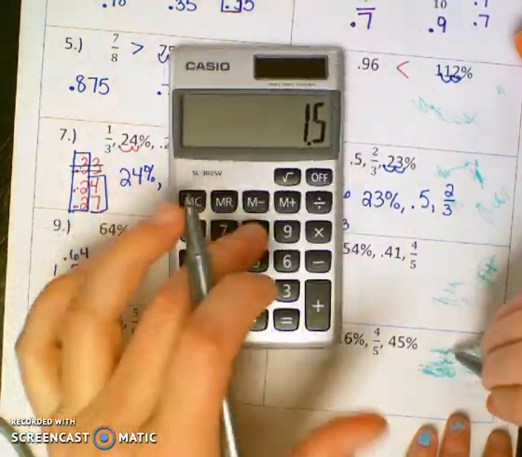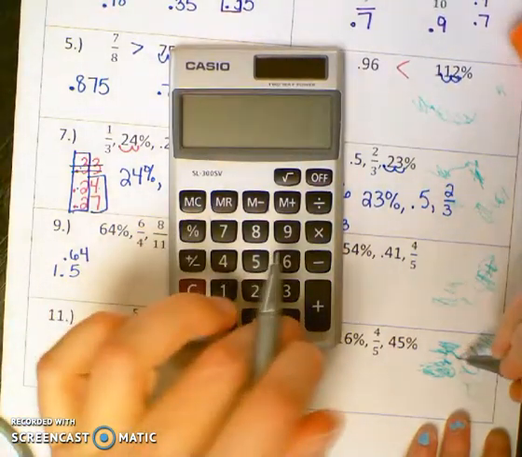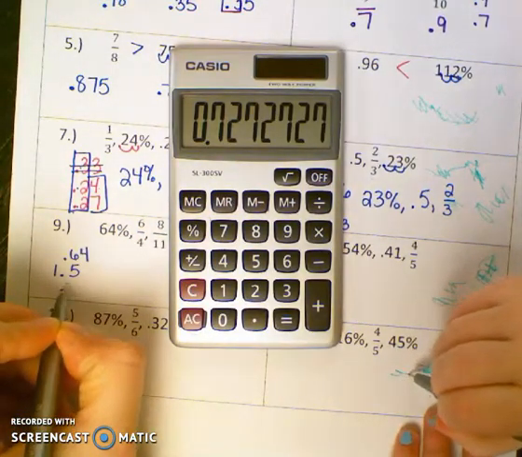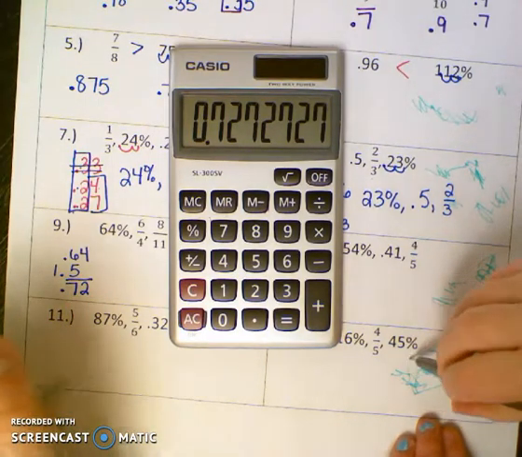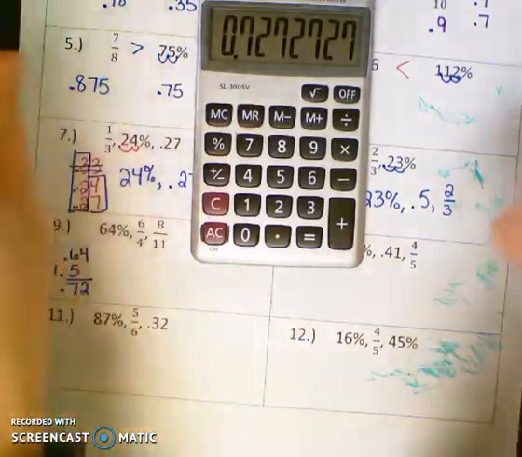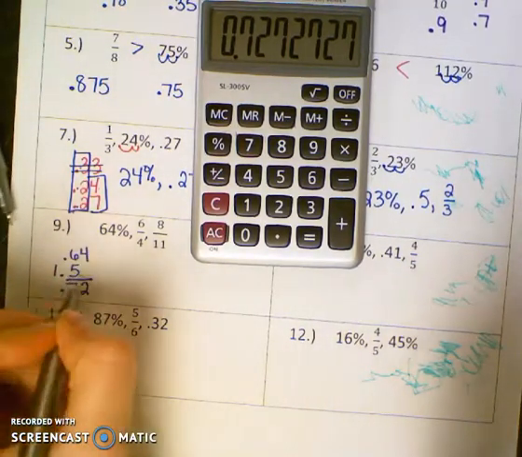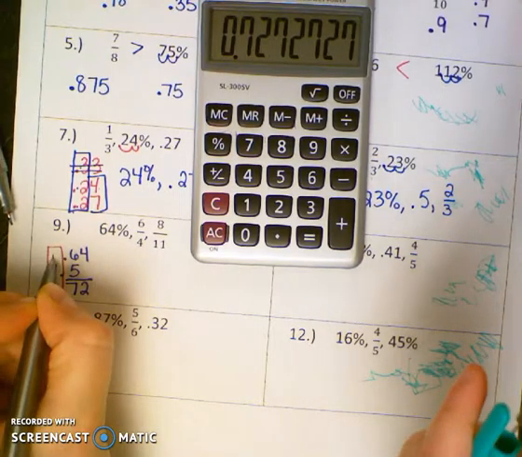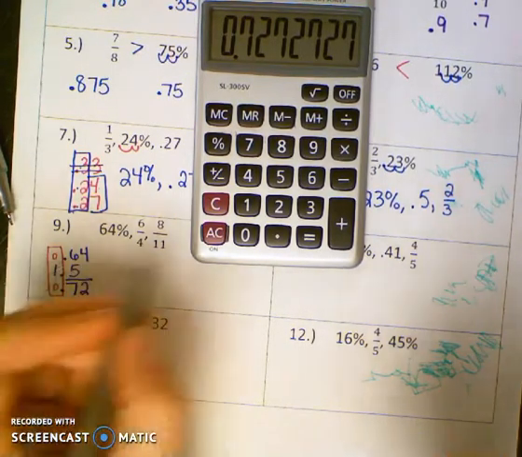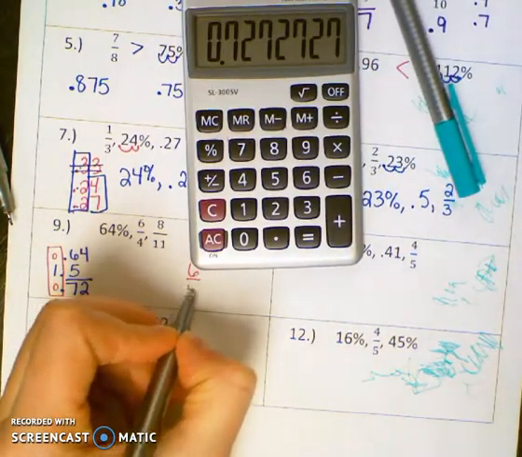And then 8/11. 8 divided by 11. Ooh, and it's a repeating one. 0.27 repeated. Okay, so I see that my largest is going to be this one right here because I have a whole number. This would be a 0, this would be a 0. So my largest is 6/4.